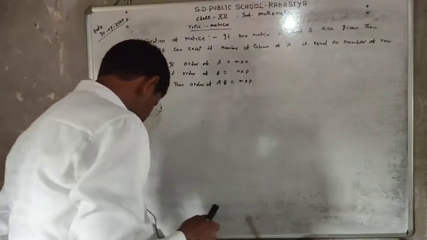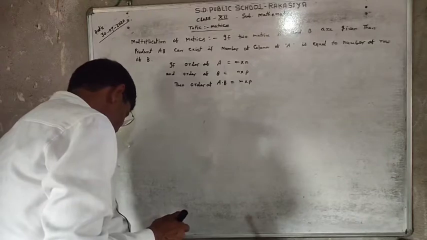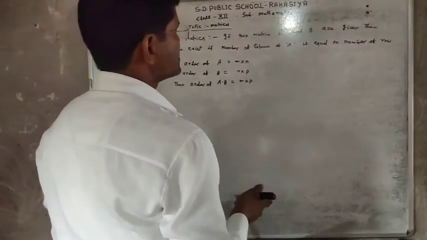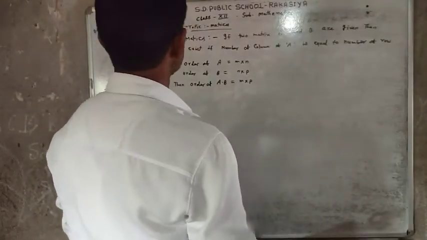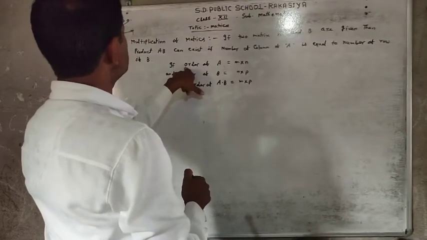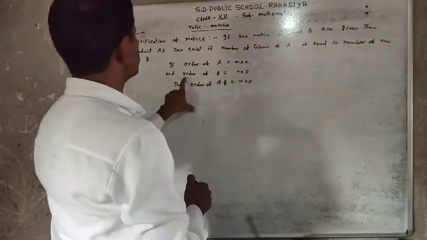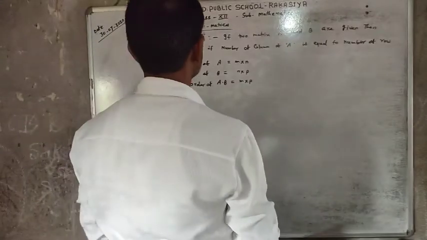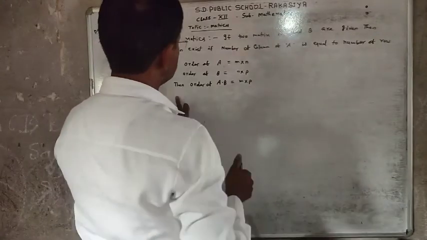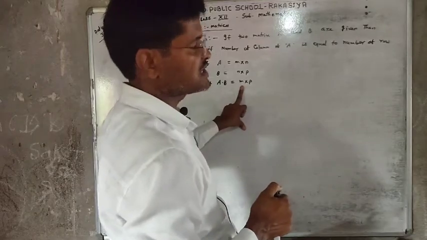Meaning multiplication of A and B can exist if the number of columns in A is equal to the number of rows in B. Suppose that the matrix A has order m into n and the matrix B has order n into p. Then the matrix AB can exist with order m into p, meaning m by p.